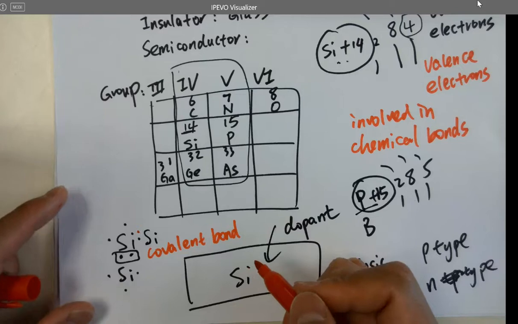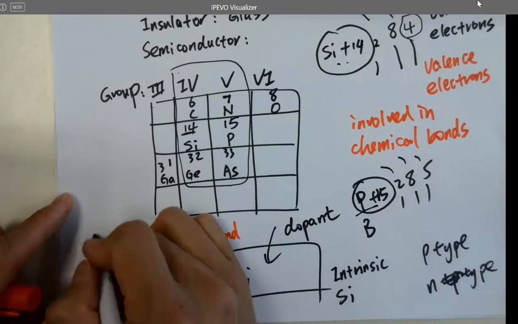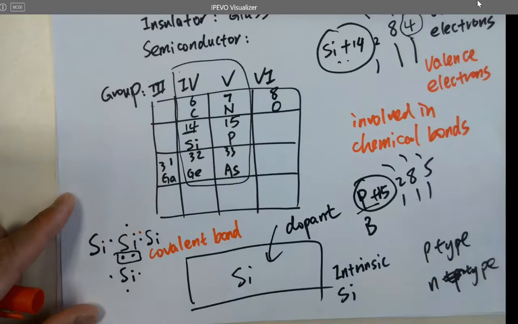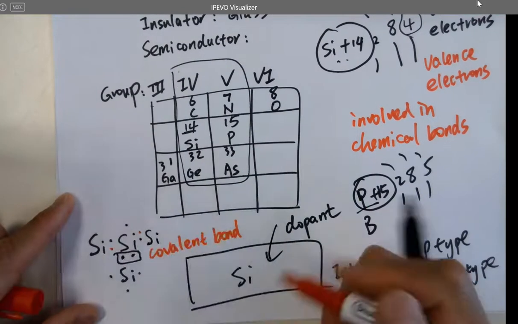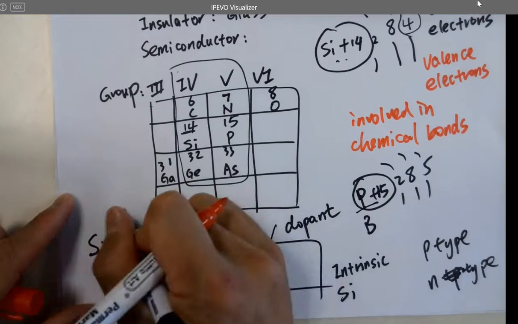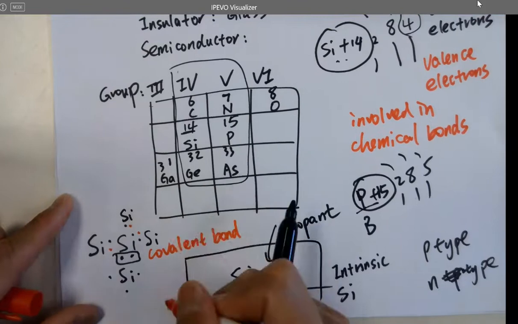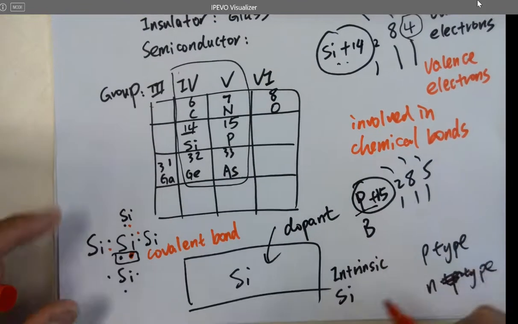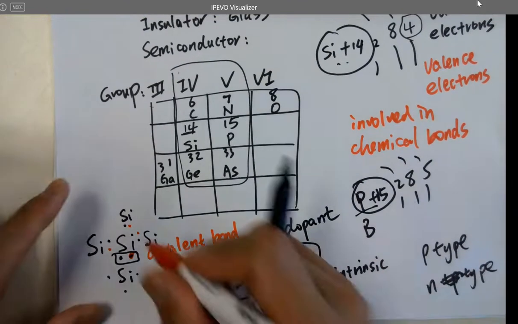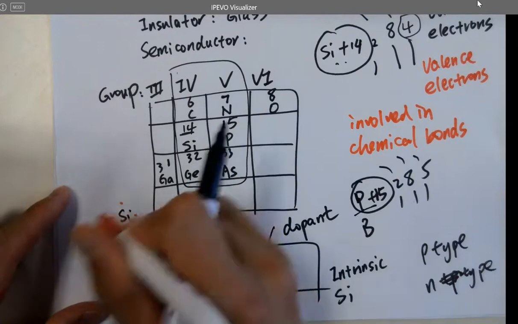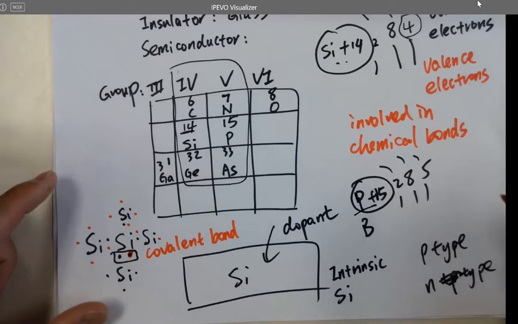Make sense? Another one here is going to contribute an electron to make a bond. I should label this one red as well. That's how it works. I just didn't draw all the other ones. There are just so many, right?